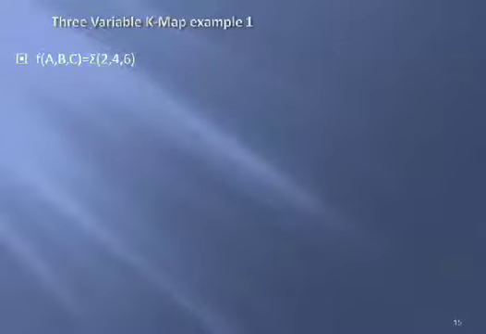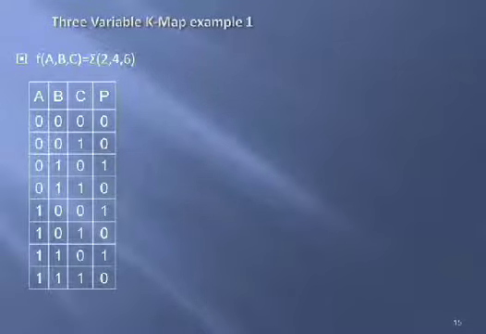Okay, we will see the example of f of a, b, c is equal to summation of 2, 4, 6. The truth table is like this. Why am I writing summation of 2, 4, 6? Only for the combination 0 1 0, that is m2, 1 0 0, that is m4, and 1 1 0, that is m6, you are getting the output as 1.